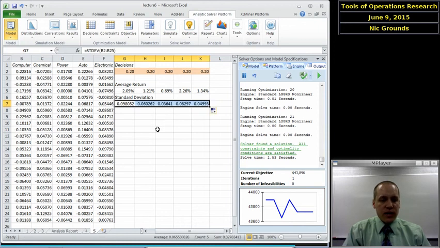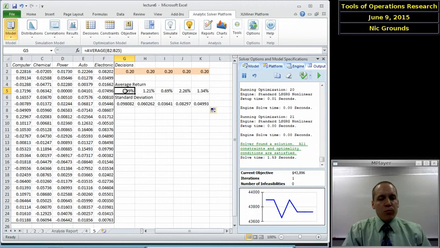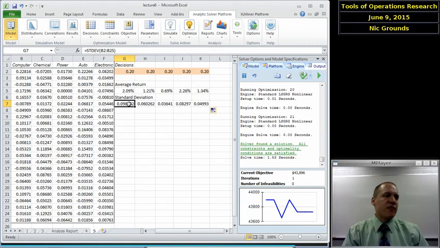So now we know the standard deviation of each investment. What this says is that computer investments will, on average, earn us 2%, but -9% from that and +9% from that is kind of the expected range of return. So we might actually lose 7% or gain as much as 11% on these computer investments.